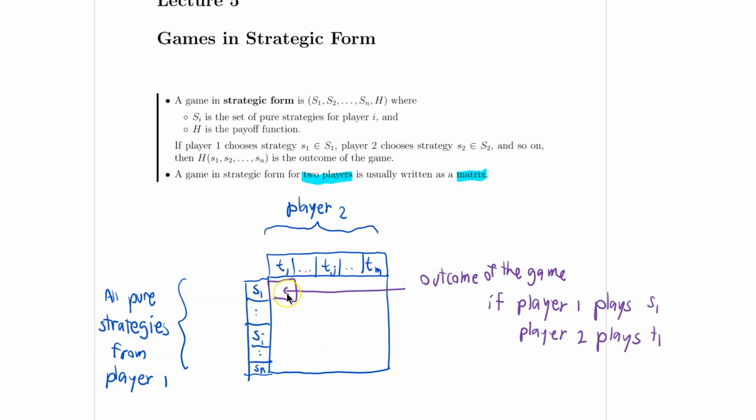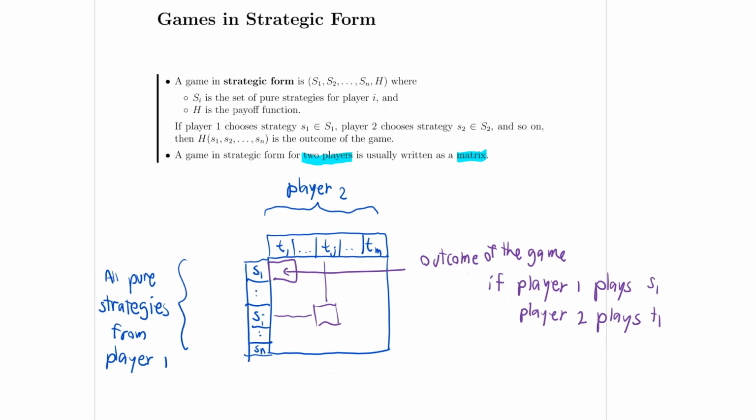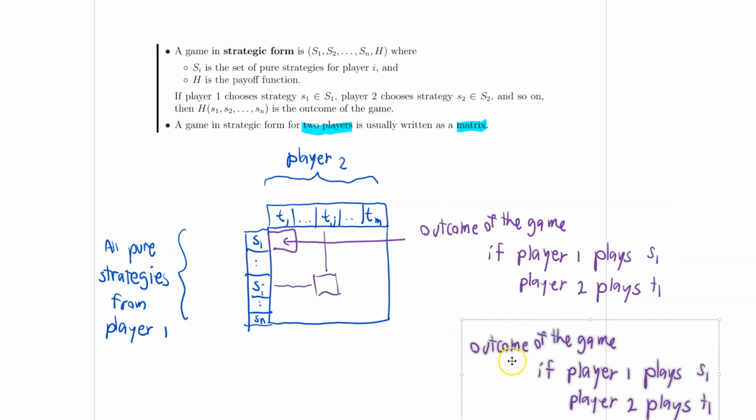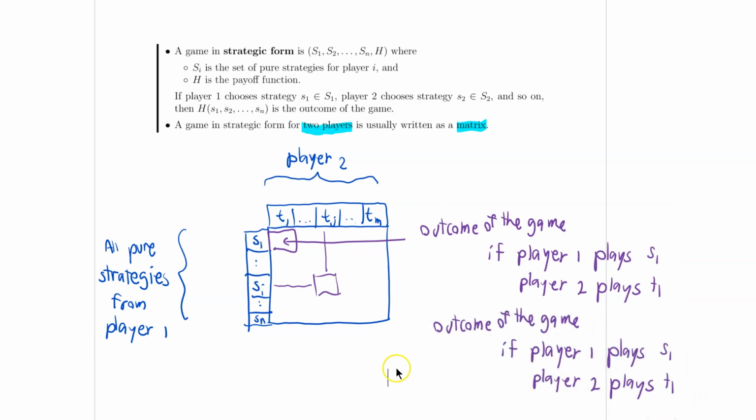I'm just going to put the outcome of the game here. And in the general case, the entry of the matrix in row i and column j is the outcome of the game if player 1 chooses strategy Si and player 2 chooses strategy Tj.